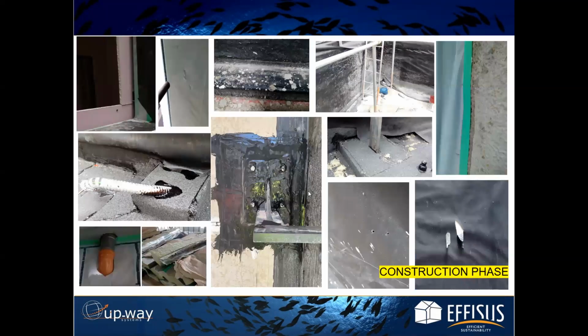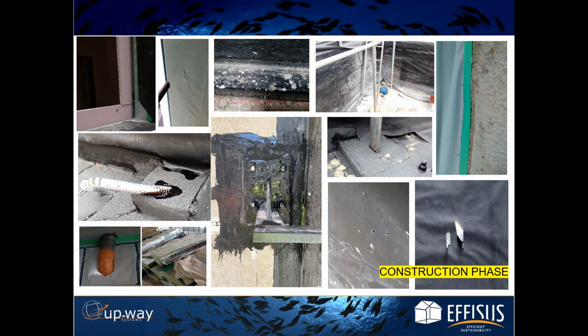So before we go to the solutions, I would like to bring you some of the situations or cases that have problems at site that we can commonly find in construction phases. And what this is about is lack of project detailing, lack of training, lack of supervision, and lack of support to the teams that we find usually at site.